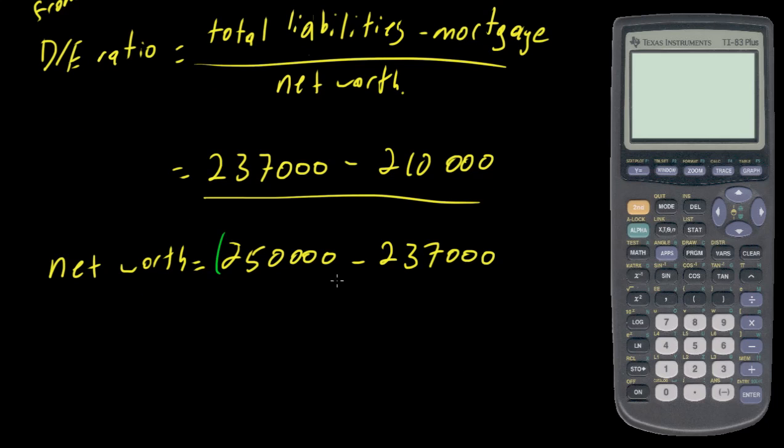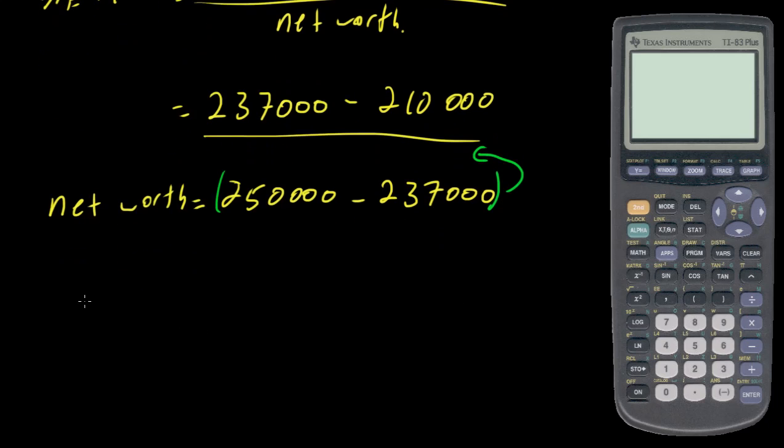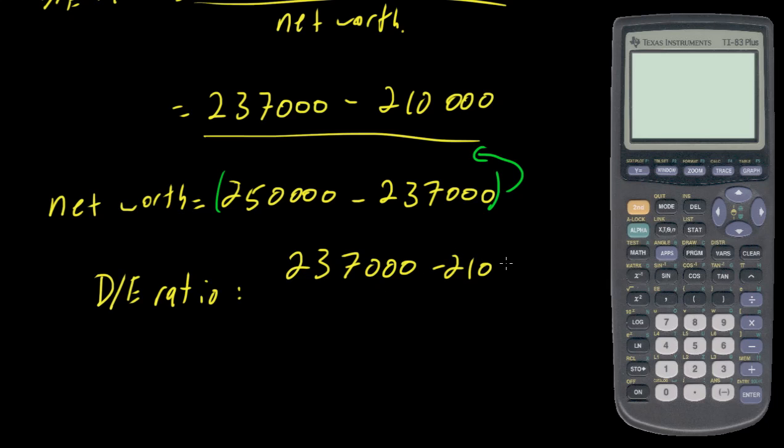Okay, so now we get to put this into a nice set of brackets. We already have what we're going to do on the top here. So our D to E ratio, our debt to equity ratio, with our new total liabilities and our new net worth, which is slightly tweaked from the other one, we're going to have this as our equation, and we're going to have to analyze it afterwards. All divided by $250,000 minus.